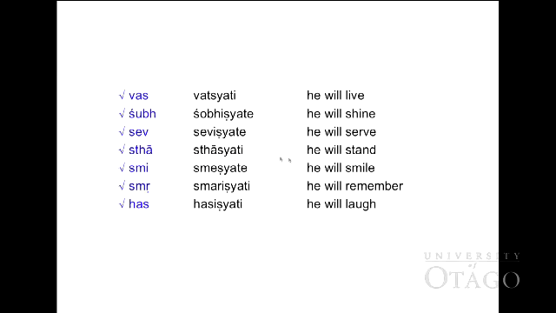And also for I will stand, it will be sthasyami, like the ending of the present indicative. You have to memorize, and you have to change the ending of the future tense in the form of the present indicative.